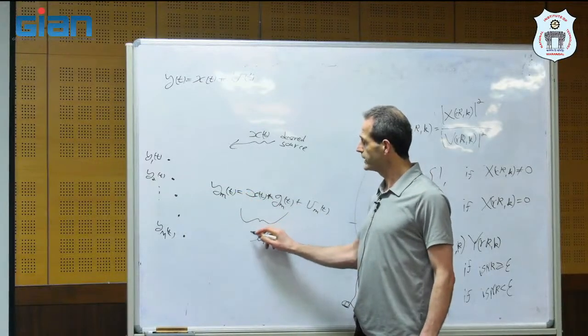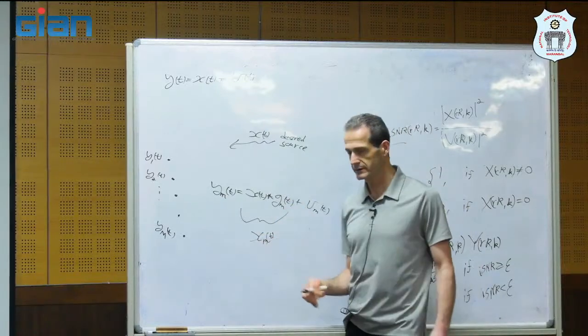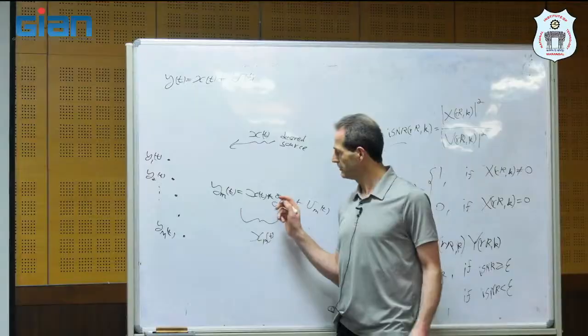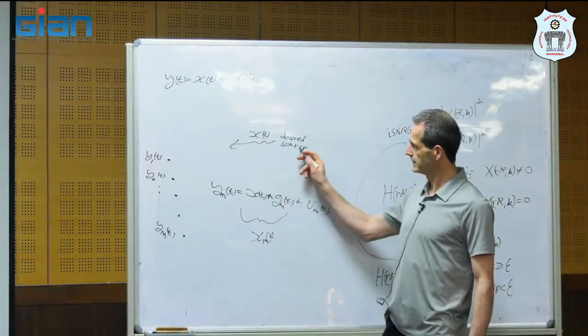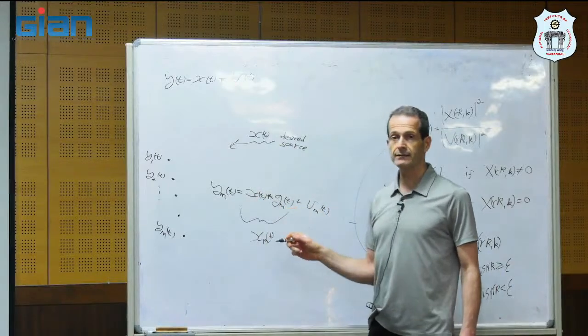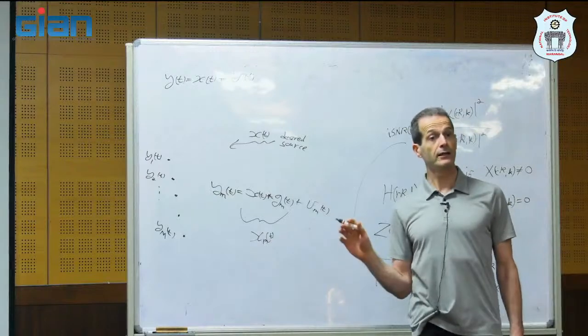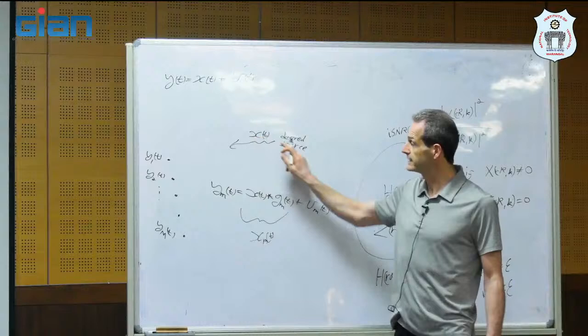So once we estimate any one of them, maybe x1(t), or any one of them, if we know the impulse response from the source to that sensor, we can try to deconvolve and try to find x(t).